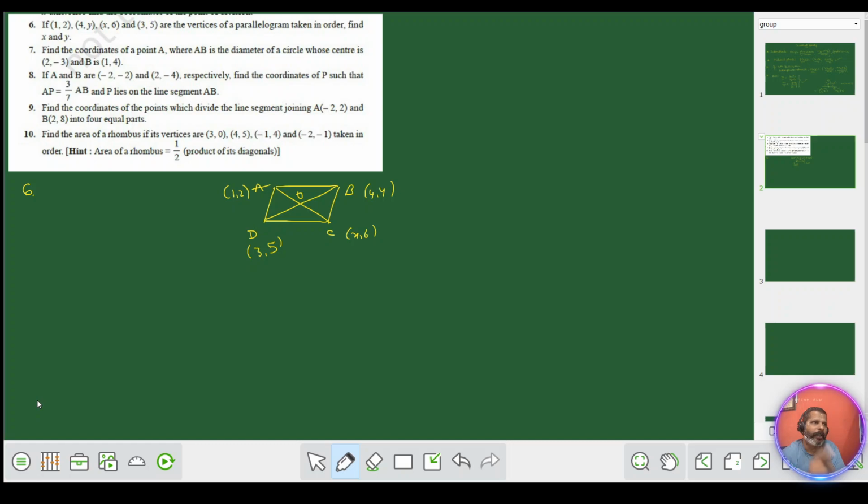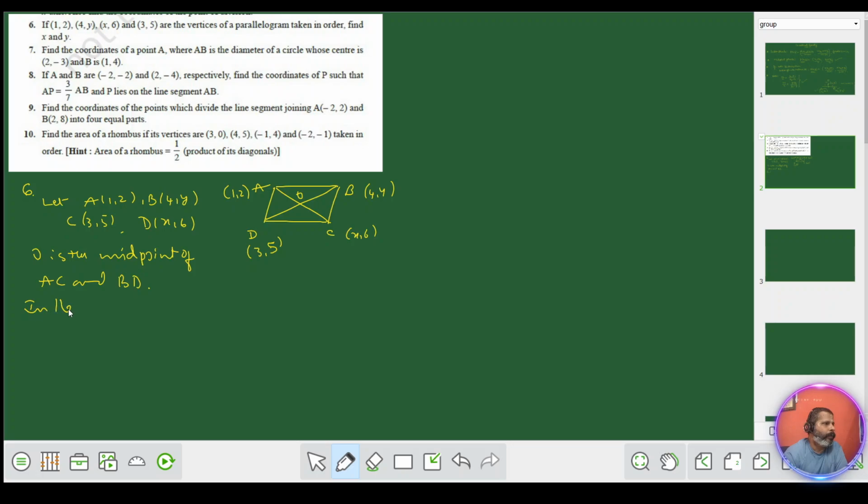Let A be (1, 2), B (4, y), C (3, 5), D (x, 6). O is the midpoint of AC and BD.